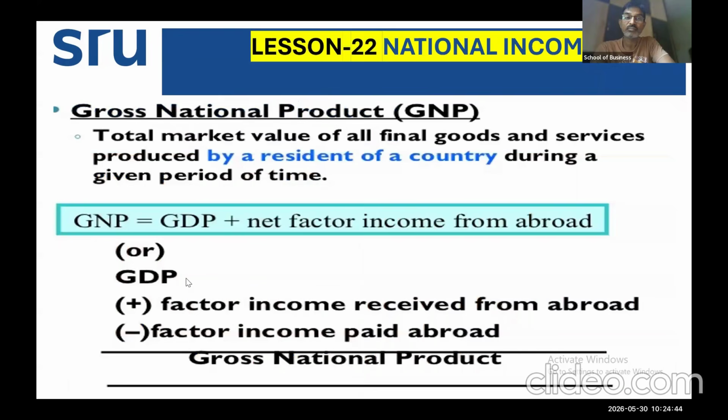Next topic. Now, what is GNP? The second and most important national income concept is gross national product. Now, what is gross national product?